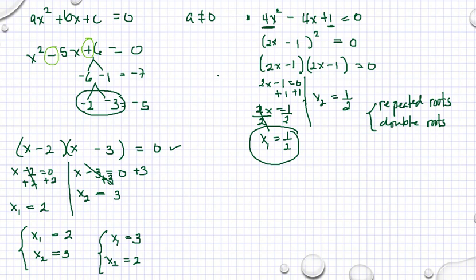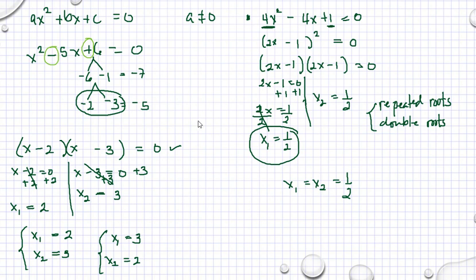You can use repeated roots or double roots. So you have to write this: x sub 1 is equal to x sub 2 is equal to 1/2. Equal roots, I said that. I think I read also something about equal roots. But those two are the ones that I remember most.